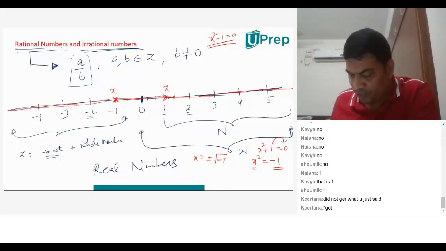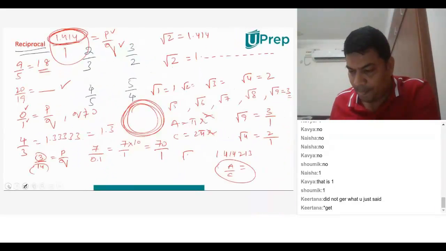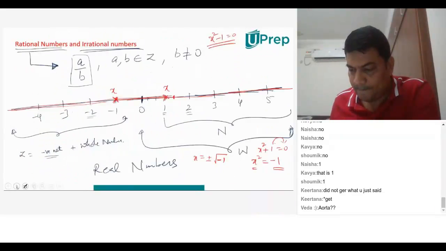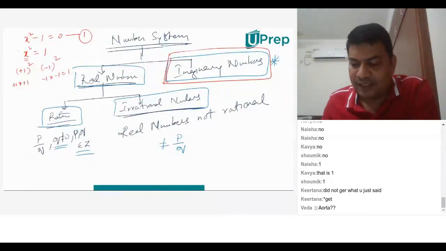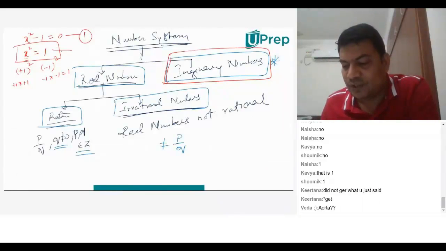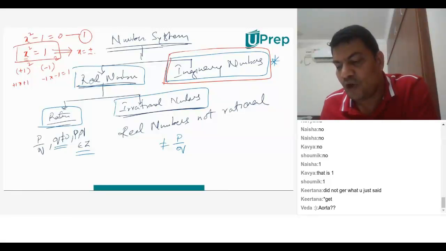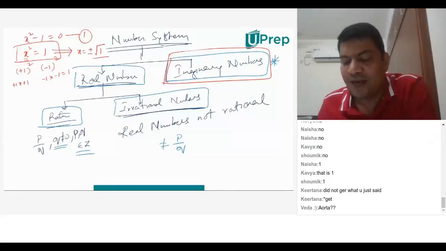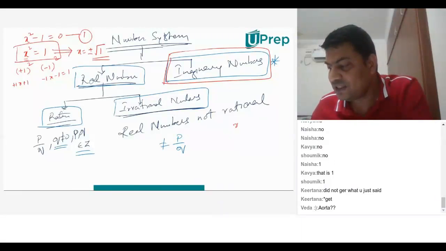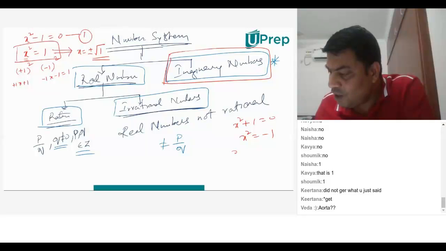In the first case, if x square is equal to 1, that leads to x is equal to plus or minus root of 1, and we know root of 1 is 1. Whereas in the second case, wherein x square plus 1 is equal to 0, your x square is equal to minus 1, so your x will be equal to plus or minus root of minus 1.